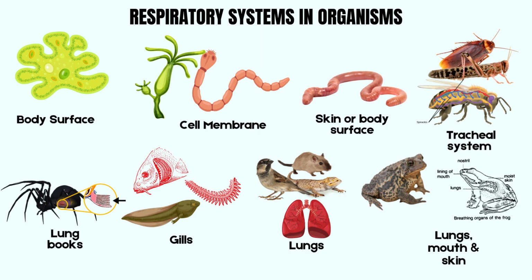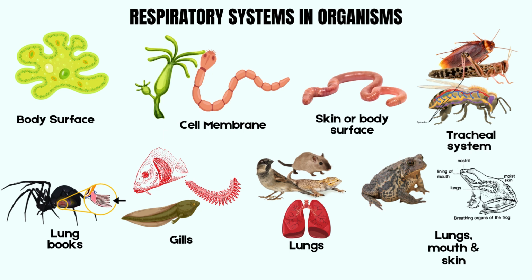Fishes like tilapia use the gills for gaseous exchange. The gills help to filter oxygen from the surrounding water medium. Arthropods like insects and crabs use the trachea system.